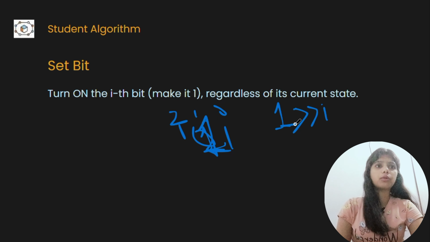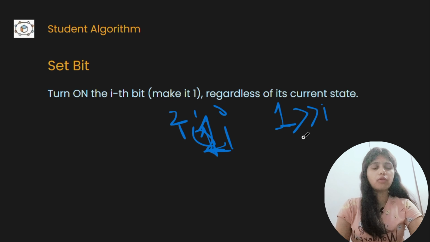After shifting that into the ith position, we are supposed to perform the OR operation over here. No matter what, if we have at least one 1, in 1 comma 0, we'll be getting 1, right? That's why the OR operation is best for it.